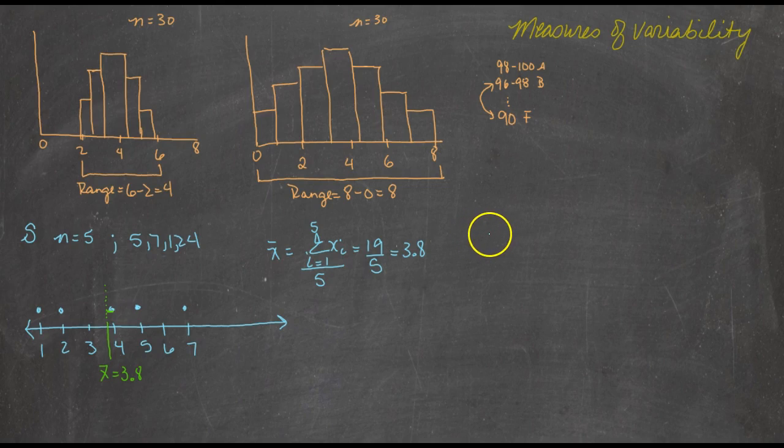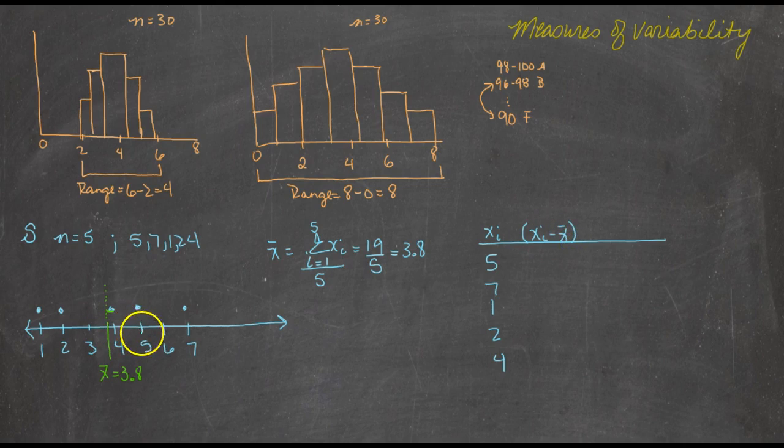So first, let's go with my values, and I think, let's see, 5, 7, 1, 2, and 4. So I'm just going to list the points, and then I want to find each point's distance from the average or the mean. And to find distance, we remember from all the algebra we've done all these years, I'm going to subtract the average from this point.